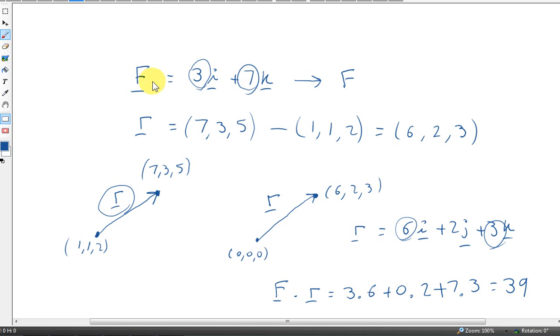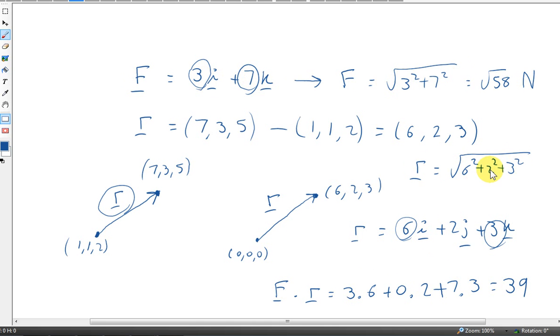By the way, assuming that the units are the correct SI units, then the magnitude of this vector would be in newtons. So the magnitude of F is root 58 newtons, and the magnitude of r is root of 6 squared plus 2 squared plus 3 squared.